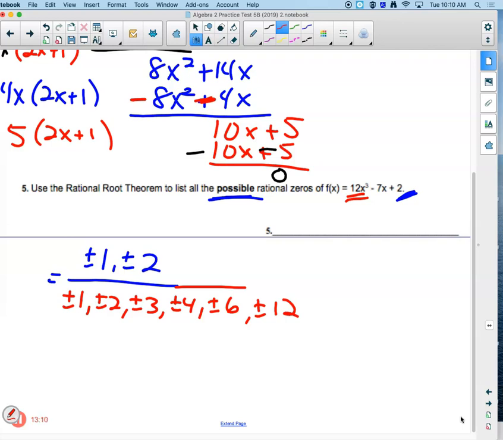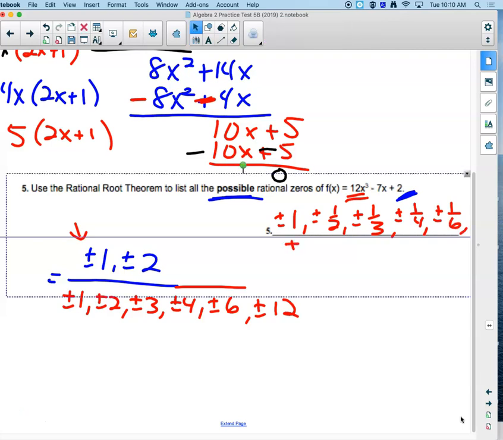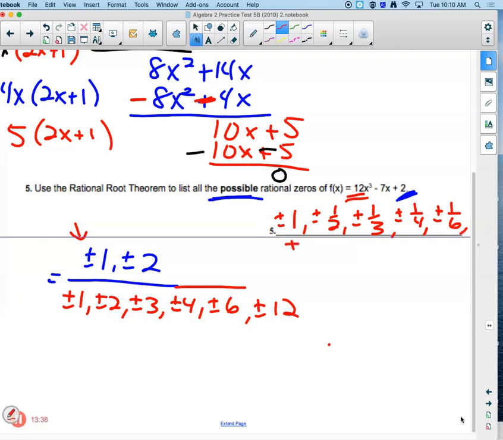Just stay organized. I think I'm going to go through everything on the bottom with a 1 first. So 1 over 1 will be 1. 1 over 2 will be 1/2. 1 over 3, 1/3. 1 over 4, 1/4. 1 over 6, 1/6. 1 over 12. Oh, there it goes.